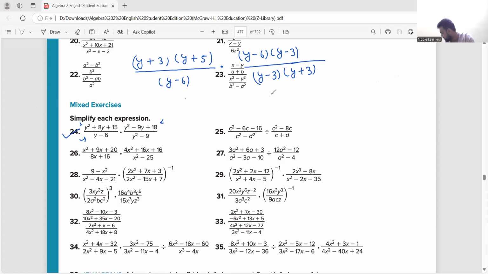Now we check diagonally and up and down, right? So see what we are going to write. It's very easy. What am I supposed to do? Now cancel whatever you could cancel out. Cross out y plus 3, y plus 3, y minus 3, y minus 3, y minus 6, y minus 6.